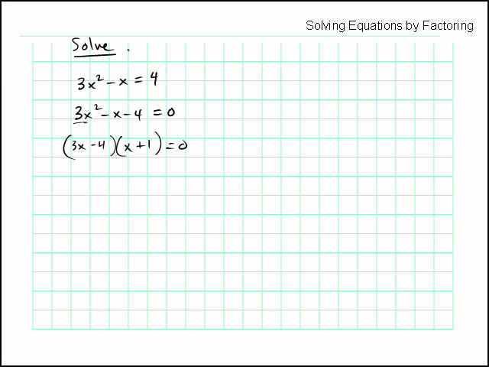I can now use the zero factor property. 3x minus 4 equals 0, or x plus 1 equals 0. If I solve this equation, I'll get 4/3. And if I solve this one, I'll get -1. And so I've got my two solutions to the equation.